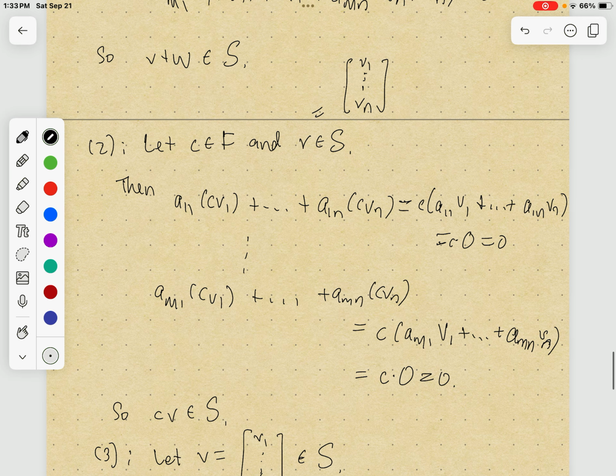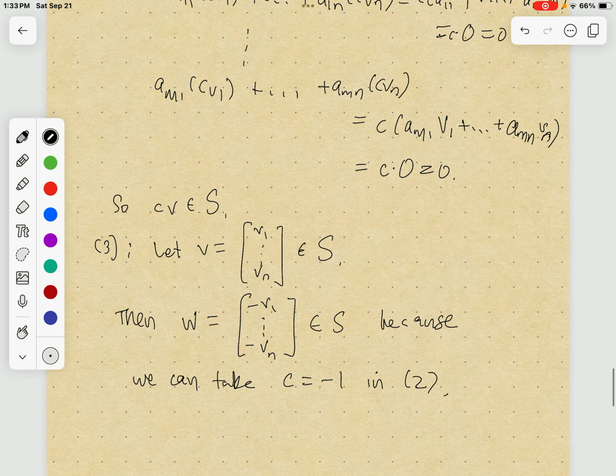We know that any scalar multiple of v is in S, and in particular, if we take negative 1, then we get w is in S. So that's the proof. That's the proof that the solution set to a homogeneous linear system is in fact a subspace of Fn.